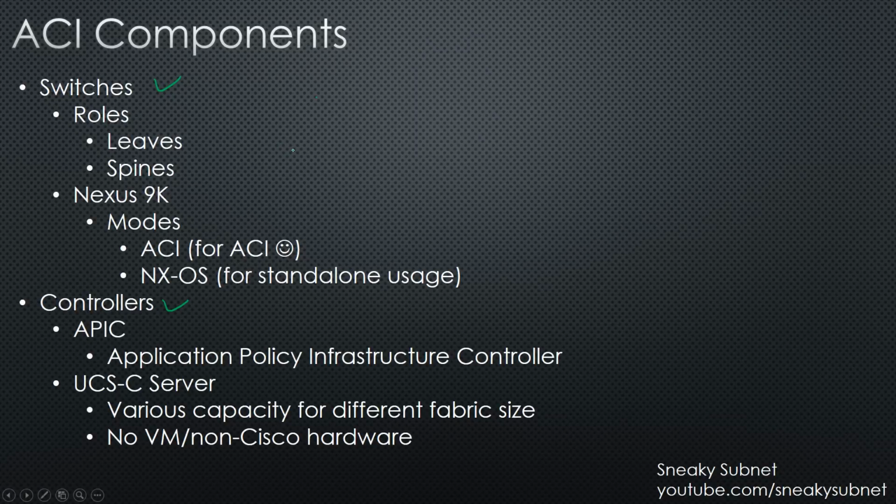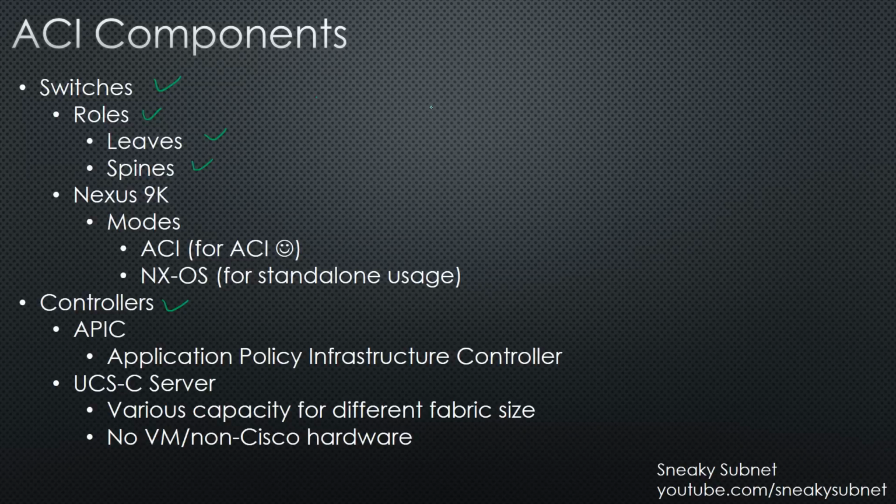Switches are divided into two roles: leaves and spines. As far as I know, there is no model which can be a spine or a leaf, so every physical box model is tied to a specific fabric role. It is a spine or a leaf. And of course, one box cannot be a spine and a leaf at the same time.